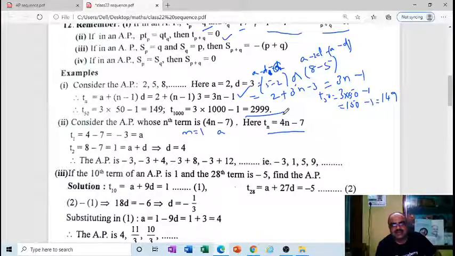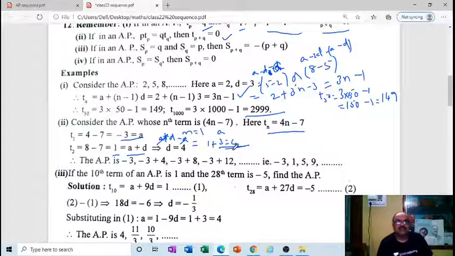So n is 1 means 4 into 1, 4 minus 7 is minus 3. We got A as minus 3. Put n equal to 2. 4 twos are 8 minus 7 is 1. So the second term, A plus D, is 1. Now what is D? A plus D minus A. That is 1 minus of minus 3, plus 3, which is 4.